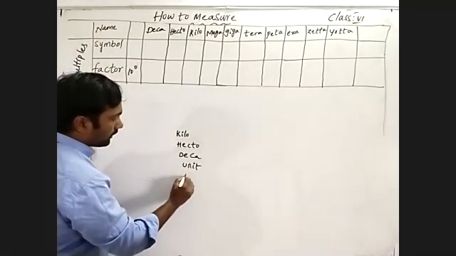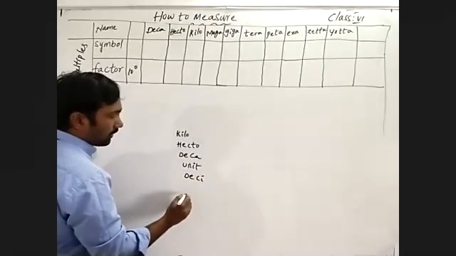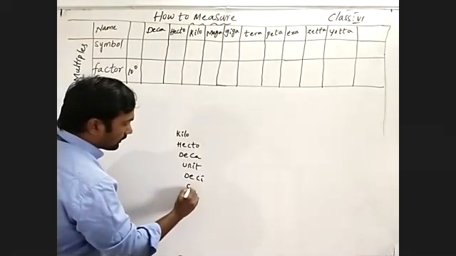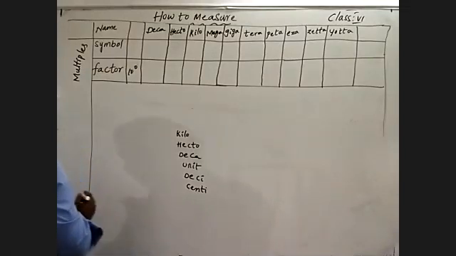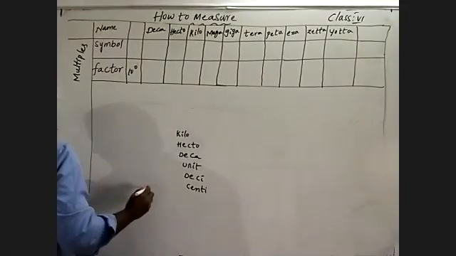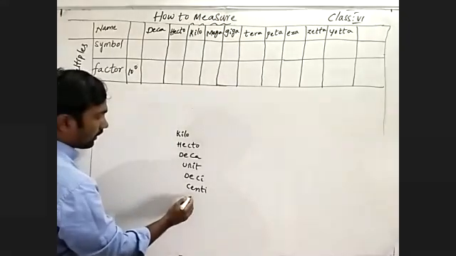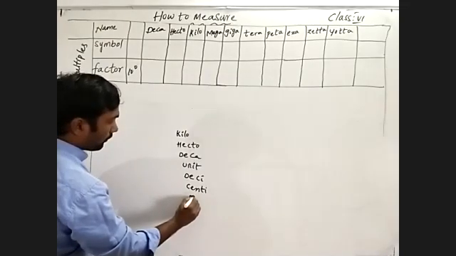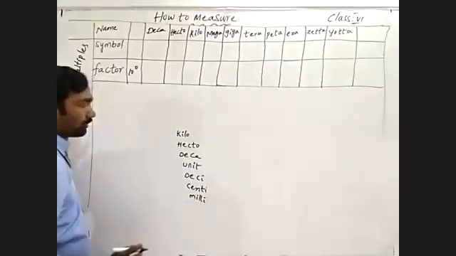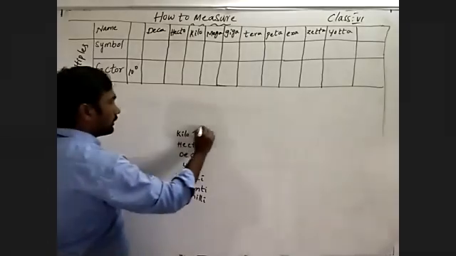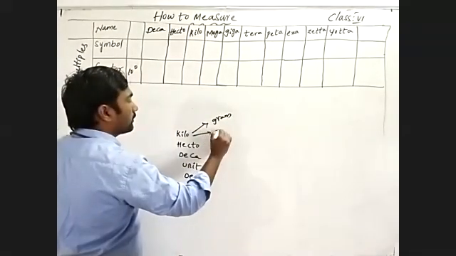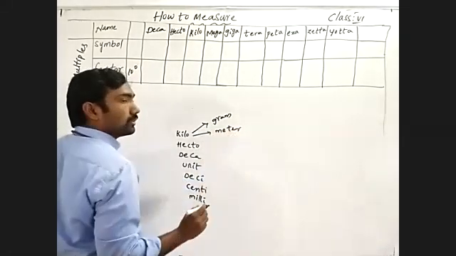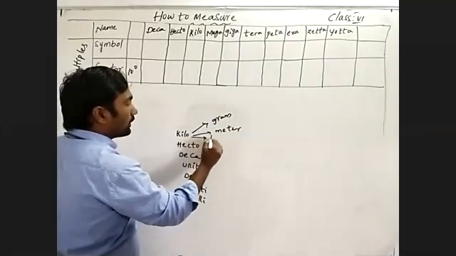Then after that deci, then centi, and after centi, milli. Is it? So for kilo, weight means kilogram, length means meter, and volume means liter.